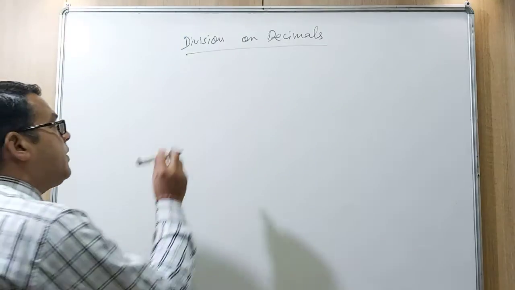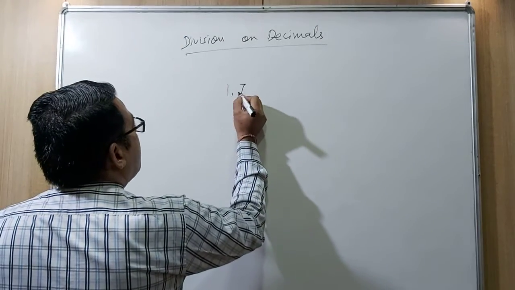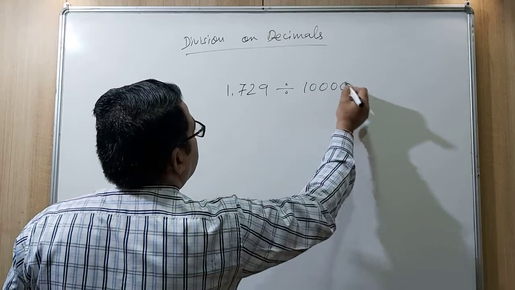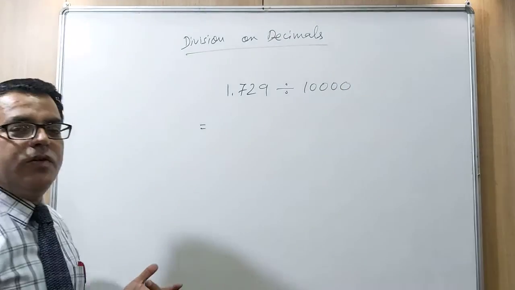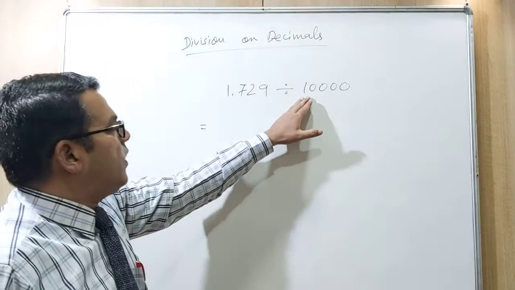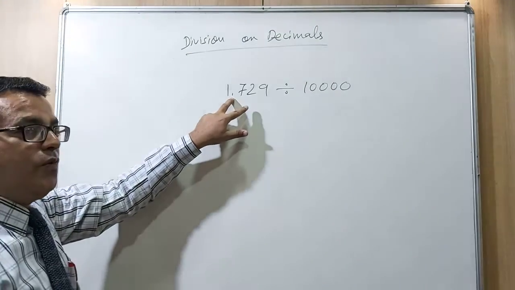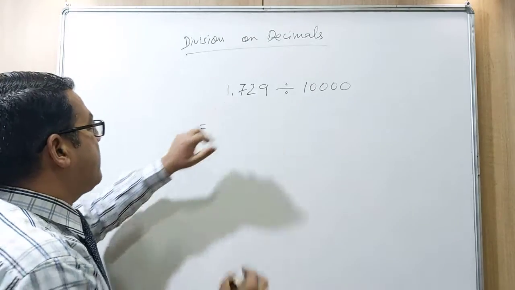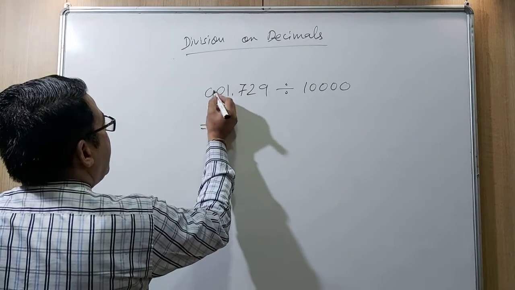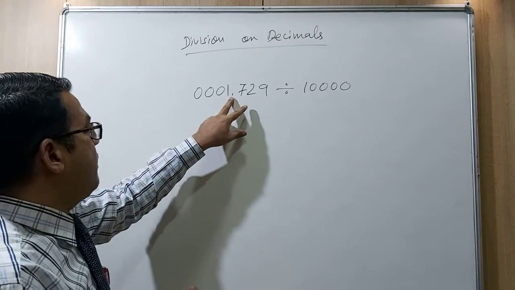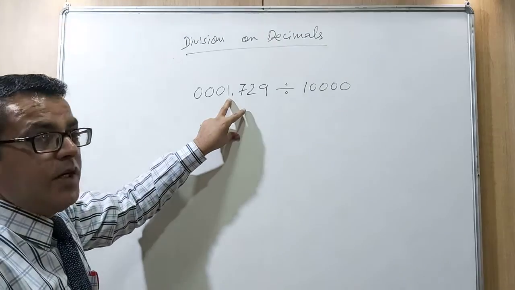Another example I am taking here, 1.729 divided by 10,000. What to do now? See, after 1 we have 4 zeros. It means we need to shift this decimal point 4 places to the left hand side. So we can add here 3 more zeros, since we know that before the decimal point we have only one digit there.